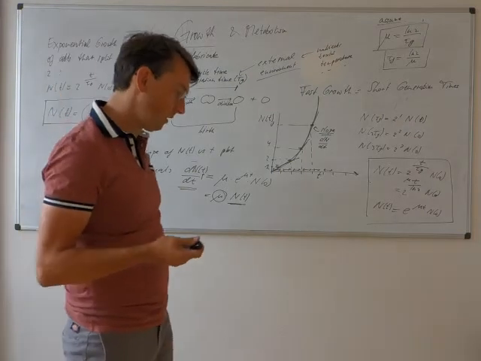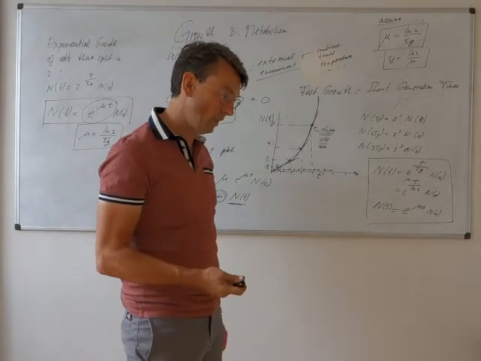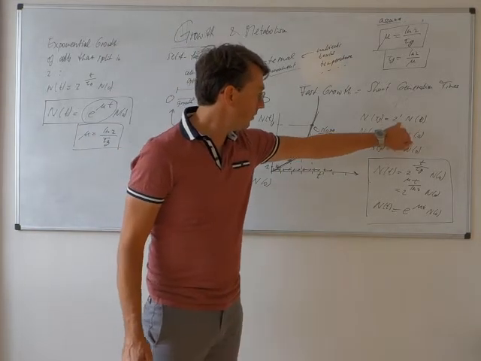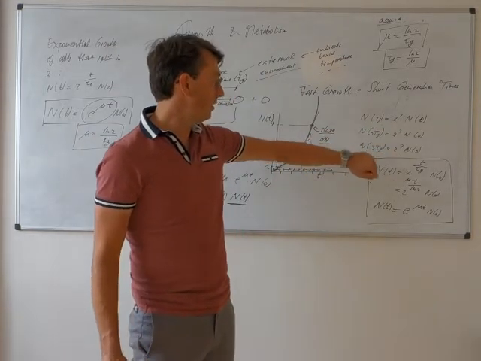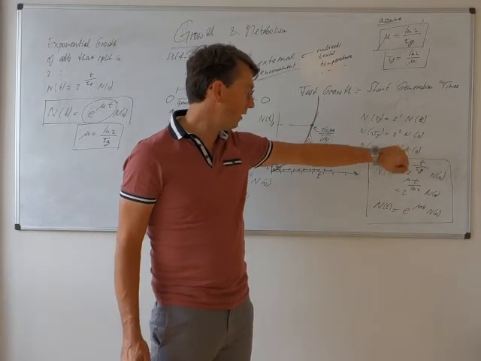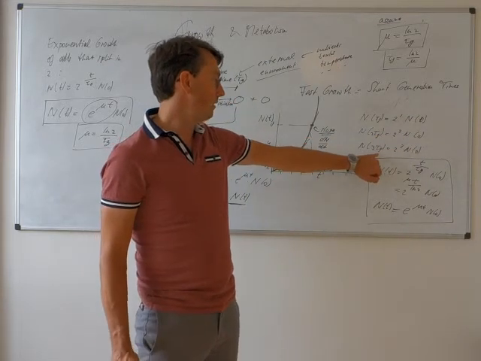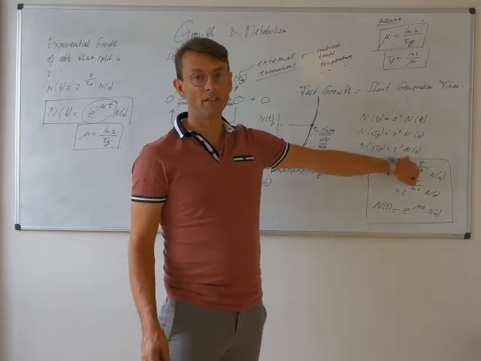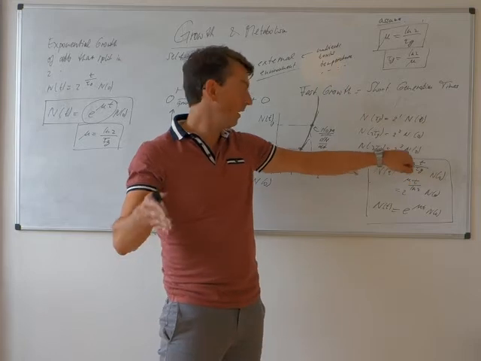After 3 generation times you have 8 cells. After 4 generation times you have 16 cells. So after 1 generation time you have twice as many as you started. After 2 generation times you have 4 times as many. And at 3 generation times the factor with which the number of cells has increased since the beginning is 8.